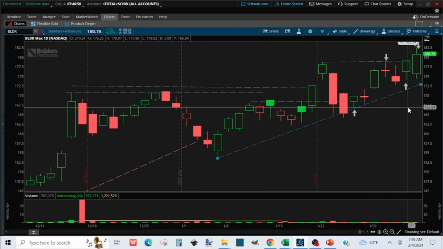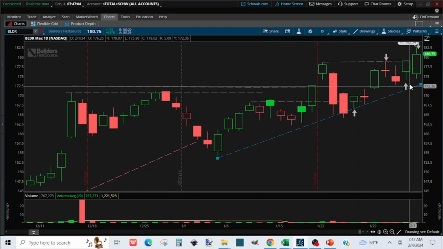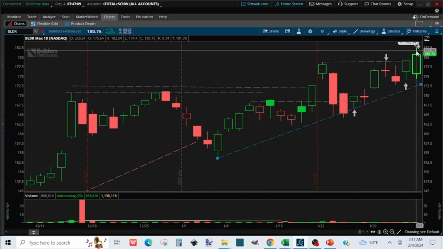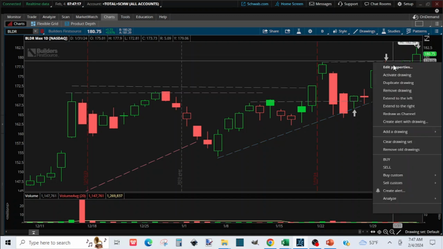Hey, how long do you hold your swing trade? You can see that for some of them I held it for 2 days. I purchased at the first green, and the next green I sold it because this was the previous resistance line.